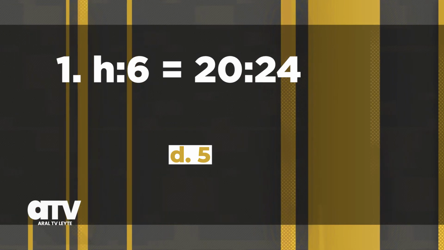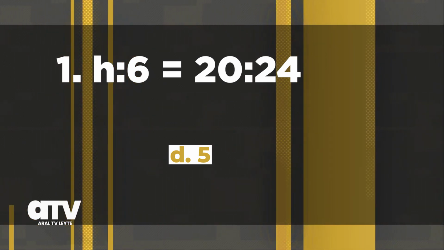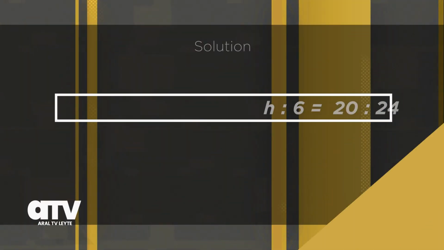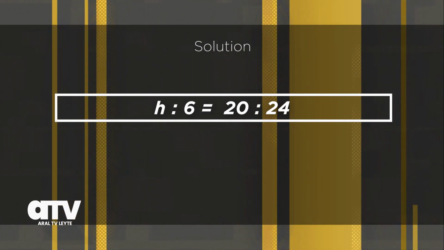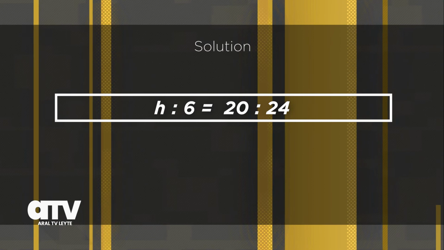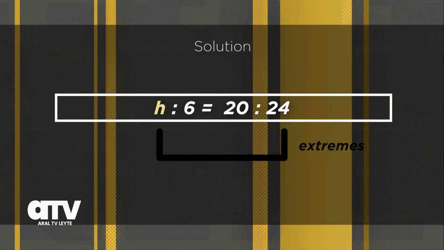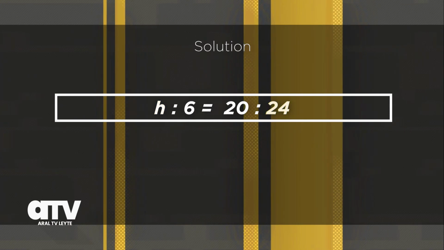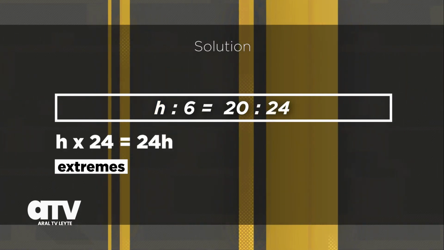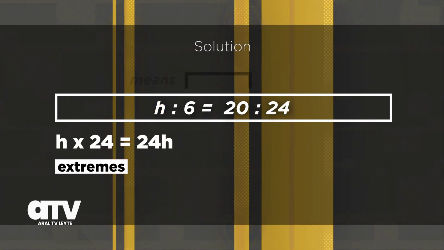D. Correct! Letter D is the answer. Here's the solution. H is to 6 as 20 is to 24. First, multiply the extremes, first and last. H times 24 is equal to 24H.